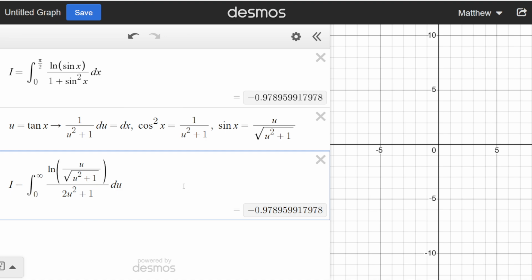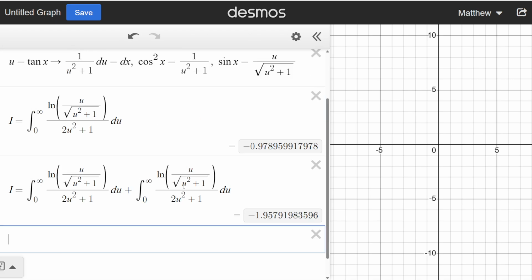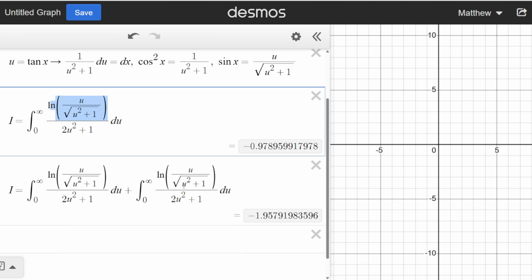Well, that doesn't look much better, but let's go ahead and split this into two separate integrals. So we're going to get something plus something else. Using the properties of logarithms, we can write this whole natural log right here as just the natural log of u minus 1/2 natural log of u squared plus 1.